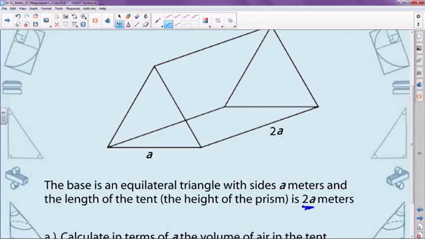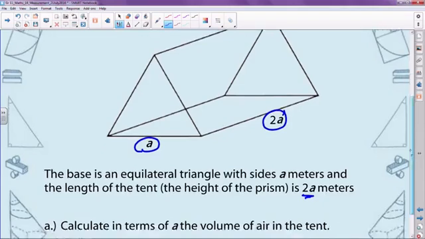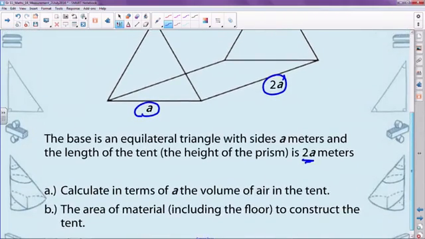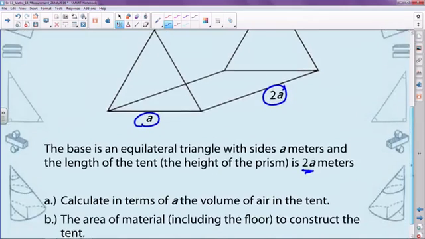So you've got the base, which is A meters, and the length of the tent is your 2A, right? Calculate in terms of A, the volume of air in the tent.